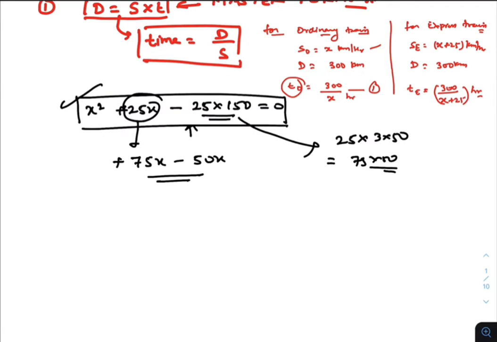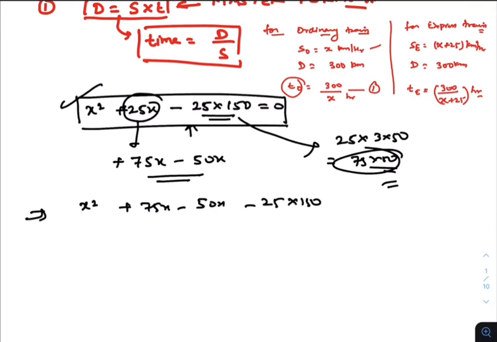Here we are not going to multiply, because again we have to factorize this one. And again write this equation: x square plus 75x minus 50x minus 25 into 150, or we can write 75 into 50, is equal to 0.